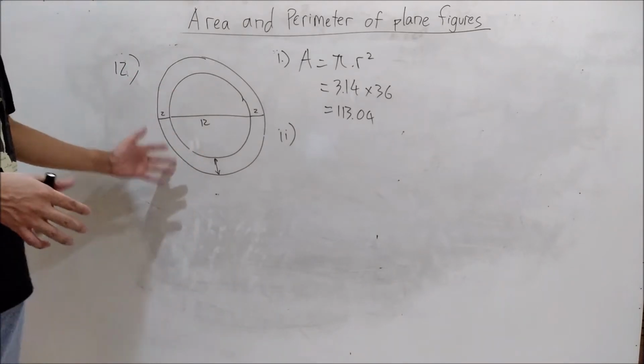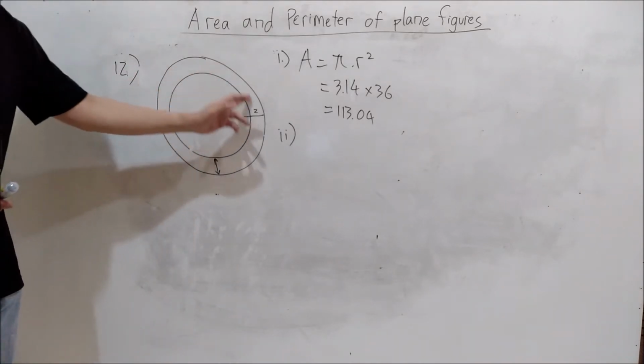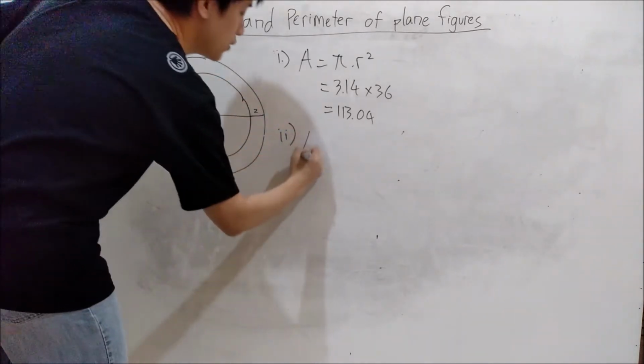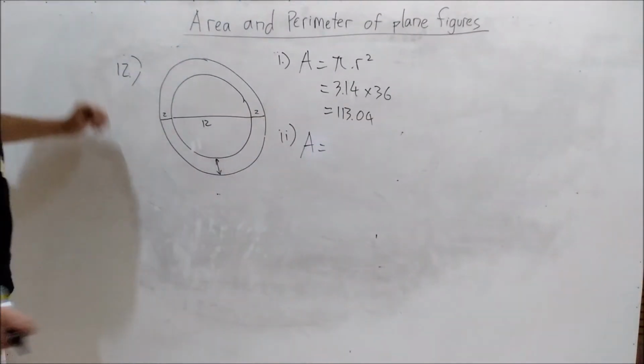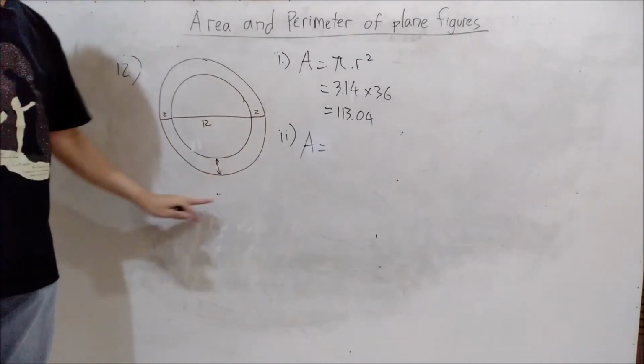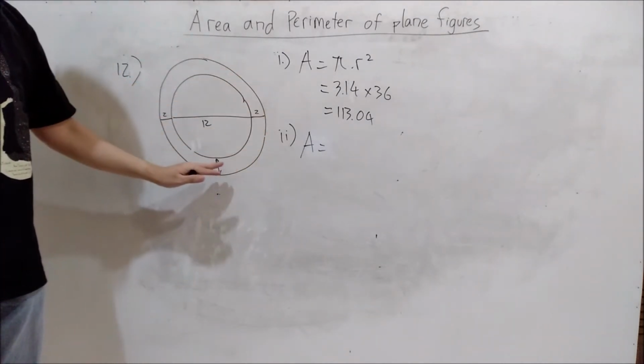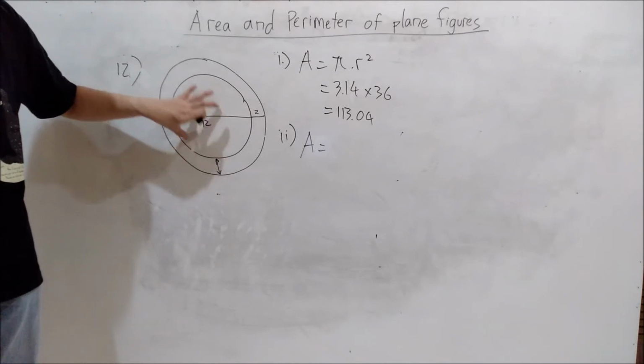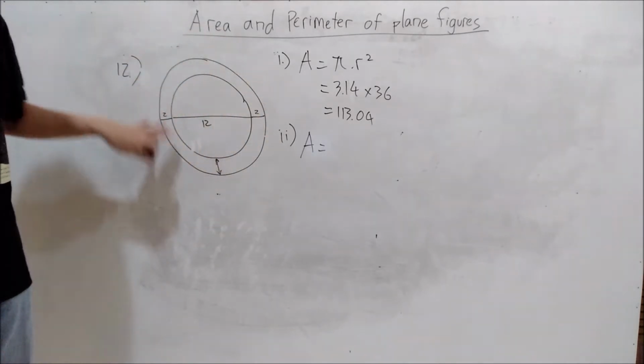But how can we find the area of the path? What I'm going to do is subtract the small pond, the small circle, from the big circle.